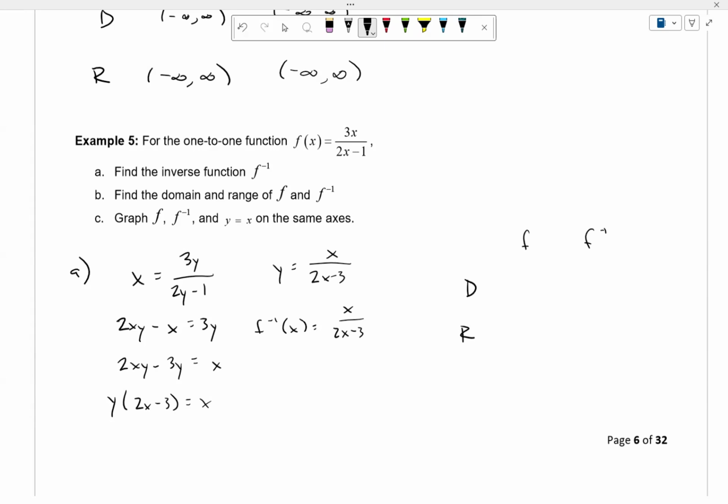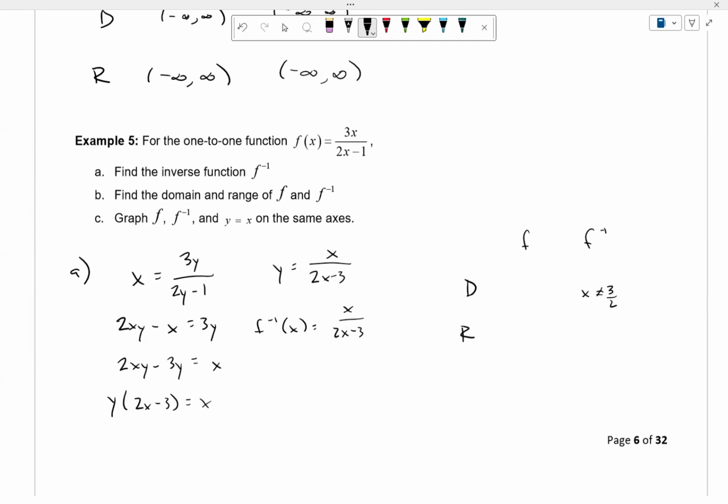The domain of the inverse, I said that x cannot equal 3 halves. Can you tell us how you did it as you talk us through this? So you said the equation is y equals x over 2x minus 3. So the denominator could be 0. And then I found what the x value is.